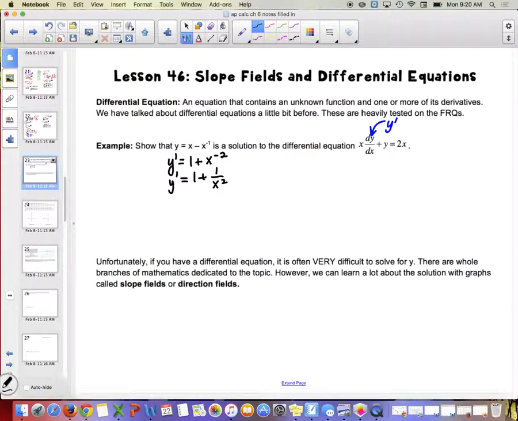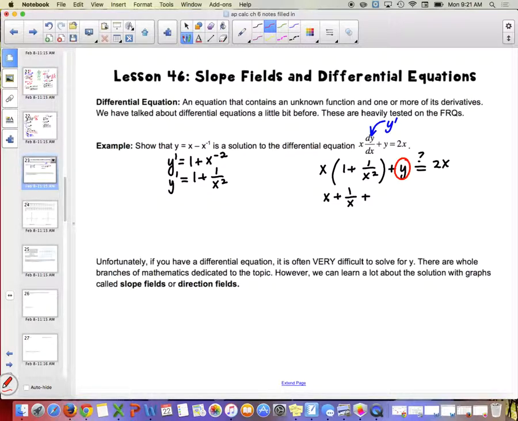I want to show that it works in this differential equation, meaning that this creates a true statement when we plug it in. So I'm going to have x, and then y prime is going to be 1 plus 1 over x squared, plus y, and I want to see if that's equal to 2x. I'm going to put a little question mark above it. I start to multiply in, and I have x plus x over x squared, which is 1 over x, and then plus y.